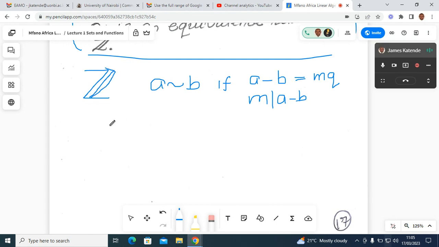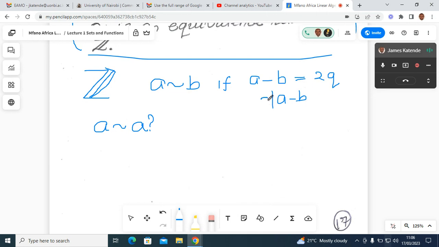So let's check if it is reflexive. The first thing we want to check is if any integer will be related to itself. Instead of using a general integer m, let's use 2. I think that will be more concrete and easier to explain. So let's assume that the difference between a and b is a multiple of 2.